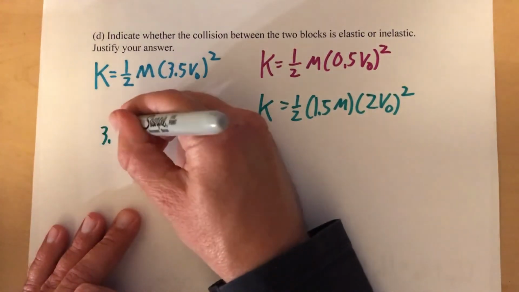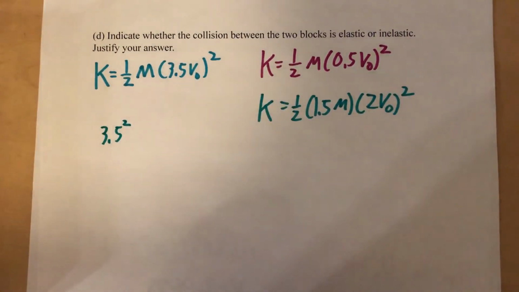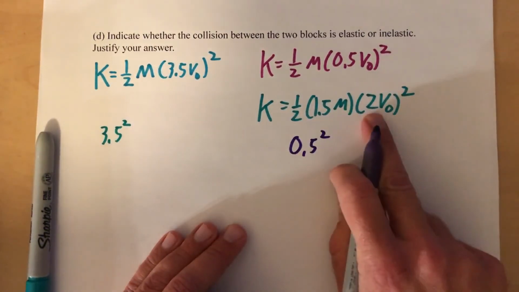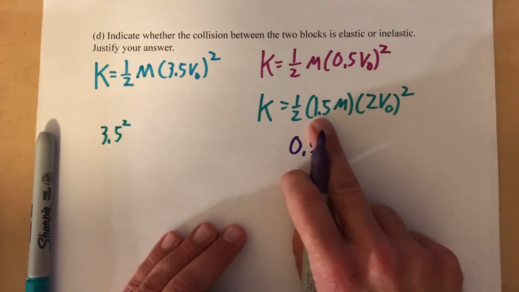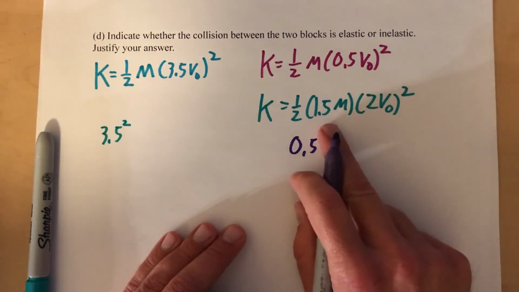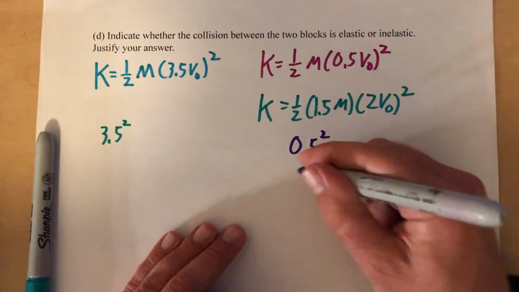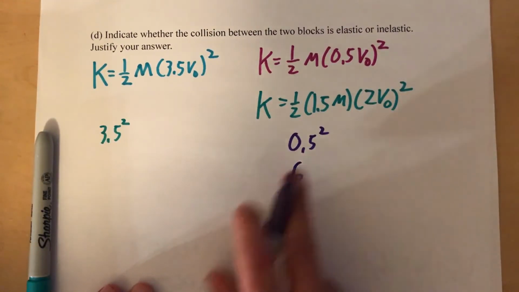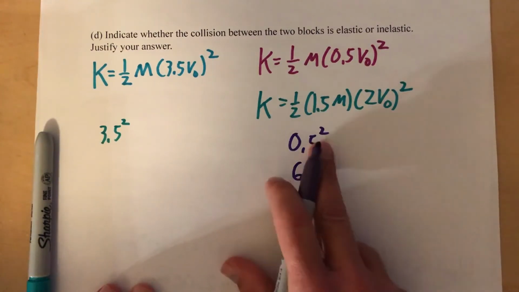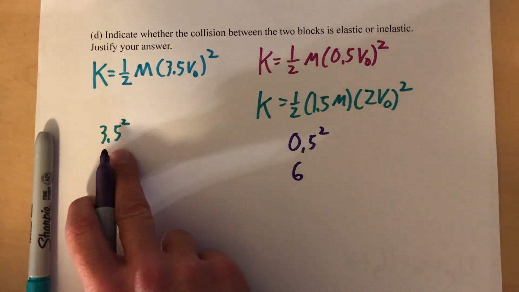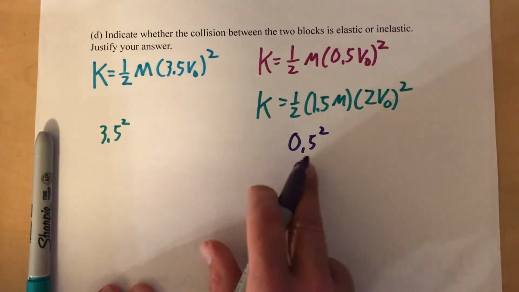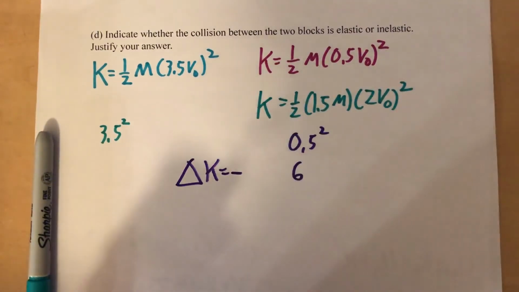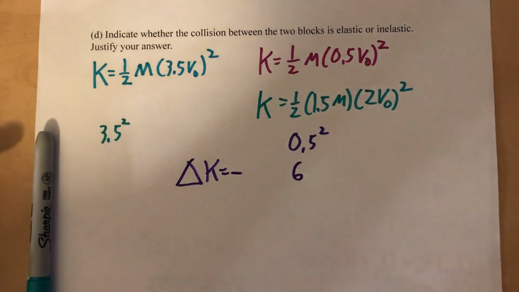So 3.5 squared, compare that over here to 0.5 squared, and here you get 4 from the square there, multiplied by 1.5, and 4 times 1.5 is 6. So you're really comparing those numbers. 0.5 squared will get smaller, add it to 0.5, add it to the 6. I can already see that's going to be bigger than 9. So this side is less than that side, so our change in kinetic energy is negative. In other words, we lost energy, so it was inelastic.